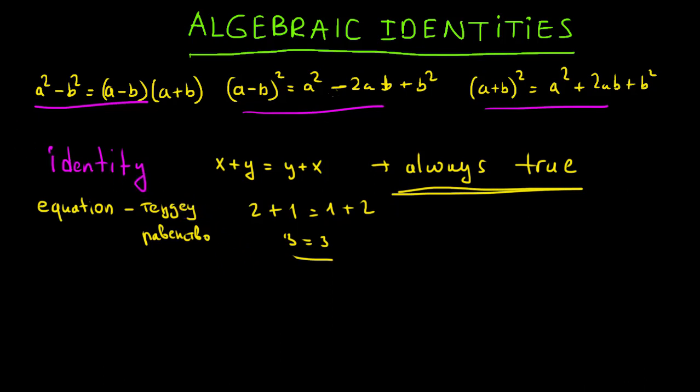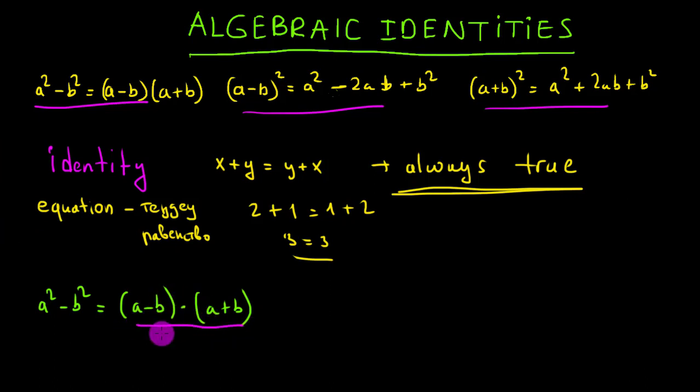So let me start from the first identity, which is a square minus b square, which is equal to a minus b times a plus b. So why is it so? Okay, let's open these two brackets.